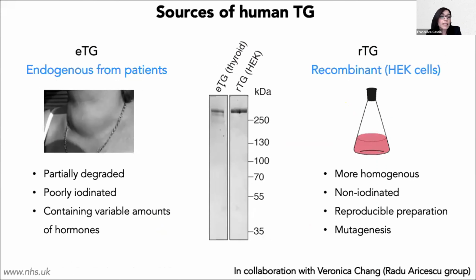It is also partially degraded. At the same time, in collaboration with Veronica Chang in the group of Radu Aricescu, we produced TG from HEK cells. And this is much more homogeneous and reproducible in preparation, is completely uniodinated, and of course it's much easier to do mutations.